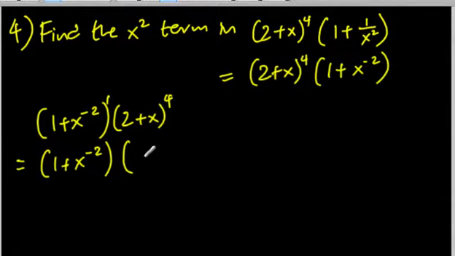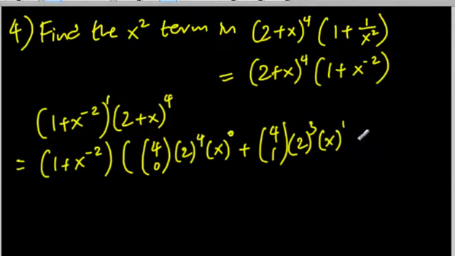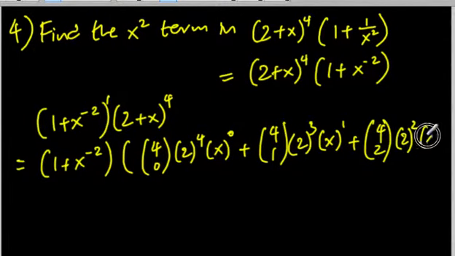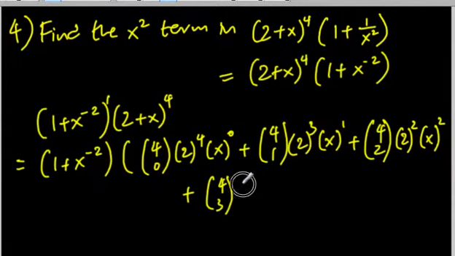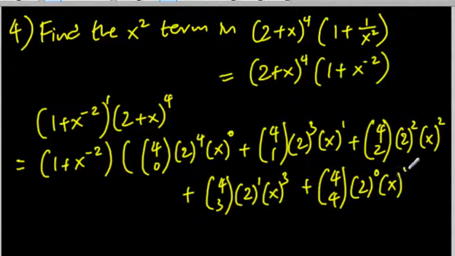So if you recall, this is 4 choose 0 times 2 to the power of 4, x to the power of 0, plus 4 choose 1, 2 to the power of 3, x to the power of 1, plus 4 choose 2, 2 to the power of 2, x to the power of 2, plus 4 choose 3, 2 to the power of 1, x to the power of 3, plus 4 choose 4, 2 to the power of 0, and x to the power of 4.